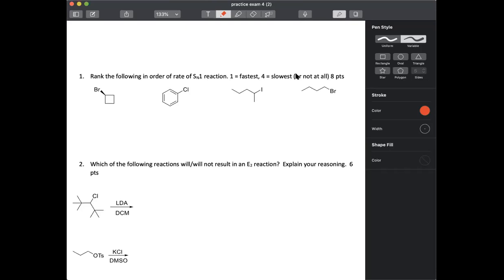All right, so for the first question, we're ranking in terms of SN1 reactivity, right? So what do we look for? What's going to be our main focus in terms of identifying the answers for this question?